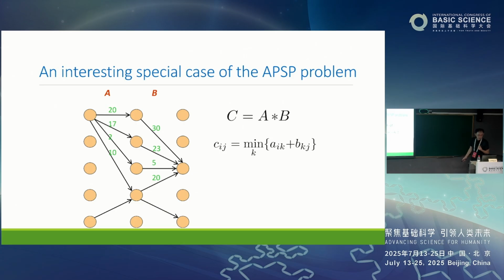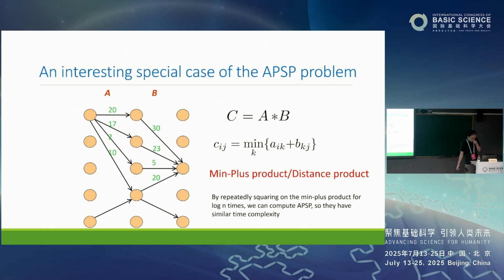And for all-pairs shortest paths, there is a related matrix operation called the min-plus product. Originally, this is multiplication and this is addition, but here we replace this by addition and this operation by minimum. This min-plus product has the same complexity as all-pairs shortest paths.